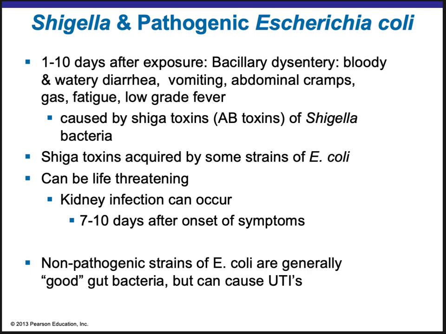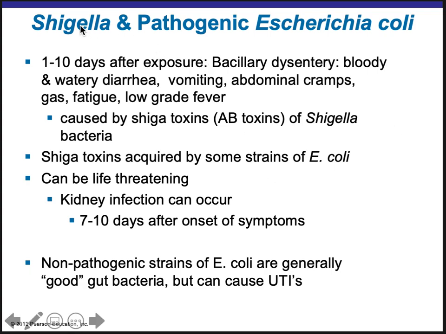You can have vomiting, abdominal cramps, gas as it grows and divides and metabolizes. It releases gas, so you can get a buildup of gas. Of course, fatigue, and the fever is a low grade fever. It could be anywhere as soon as 1 day after exposure, typically 3 to 4 days, and it could take as long as 10 days for these symptoms to occur.